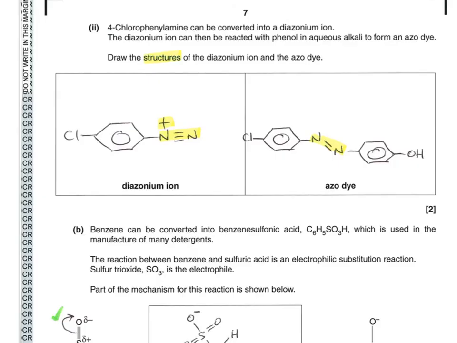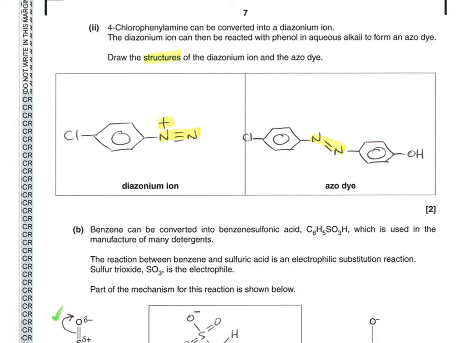The next part of the question is about azo dyes. It's saying that the 4-chlorophenylamine can be converted into a diazonium ion, and then that can be reacted with phenol in aqueous alkali to form the azo dye. So we've got to come up with the structures of the diazonium ion and the azo dye. The diazonium ion looks like this.